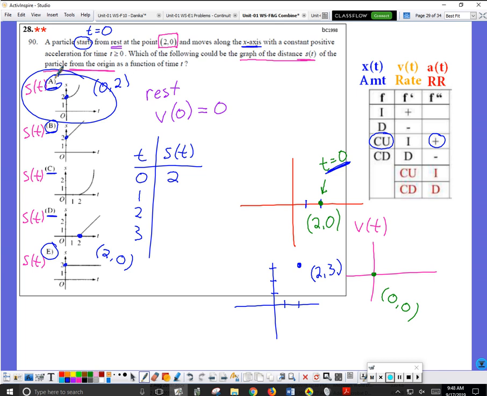So would you have to use the chart, or can you just look where it says constant positive acceleration and know that it's going to be curved like that? You can properly reason it out that it needs to curve like that. I would worry that way too many people don't reason it out.